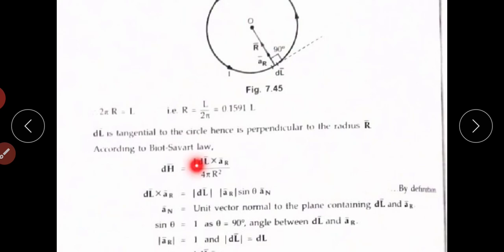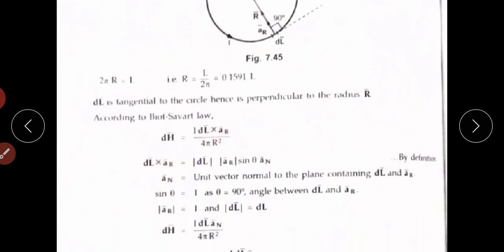Next, to find dl bar cross aR bar: we know that a bar cross b bar equals ab sin theta into the normal unit vector. Similarly, dl bar cross aR bar equals modulus of dl bar times modulus of aR bar into sin theta into the normal unit vector, normal to the dl and aR bar vectors.